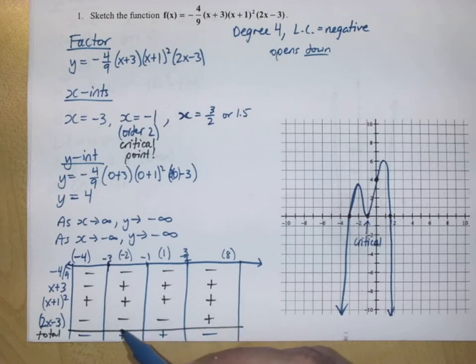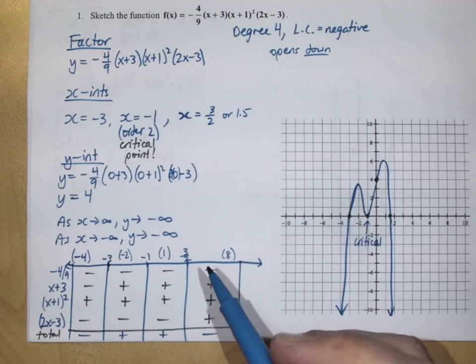Well, all together, that's a positive. When I say positive, what I really mean is the graph is positive. The y values would be positive, or the graph is above the x-axis. Here, this negative means y values are negative, or the graph is below the x-axis.